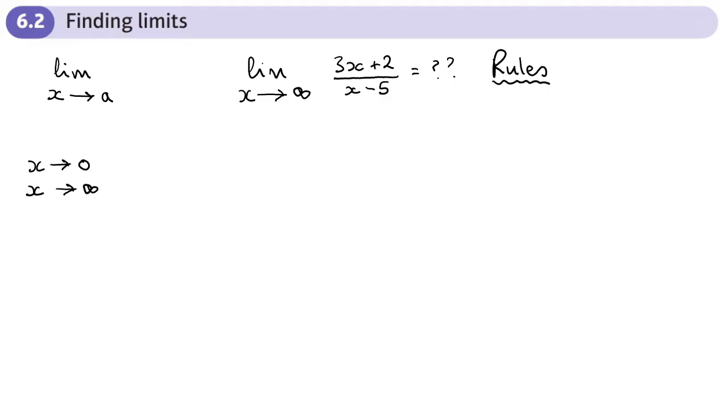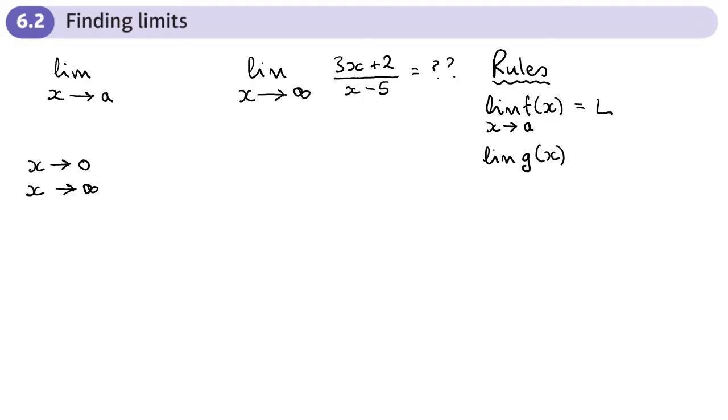So for example, let's take two functions. Let's call one function f of x, and let's call the limit of that function as x tends to some value a, let's say the limit of this we'll call L. And let's say we've got a different function, let's call that g of x.